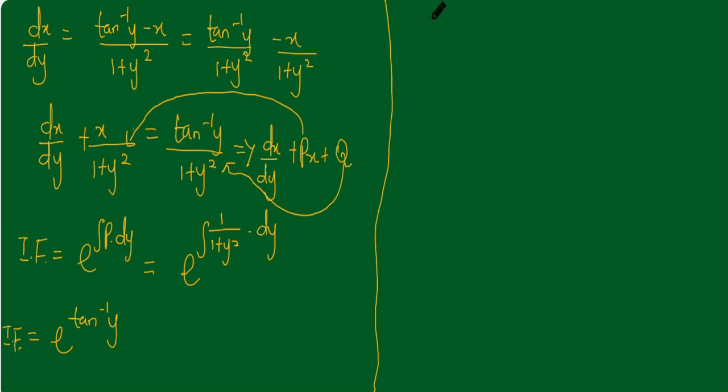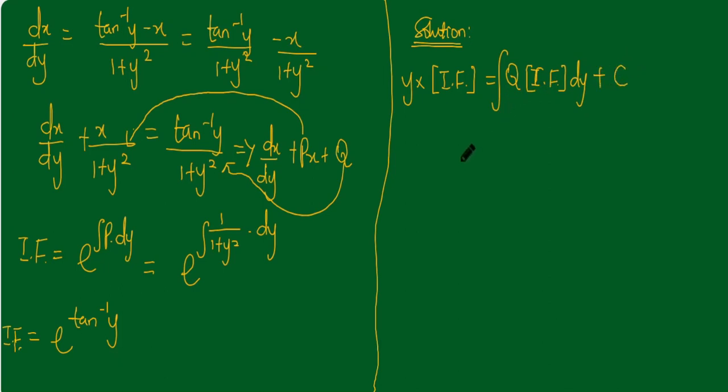The next part is to obtain our solution. So our solution is of the form x multiplied by the integrating factor is equal to the integral of Q multiplied by our integrating factor with respect to y in this case, plus our arbitrary constant.